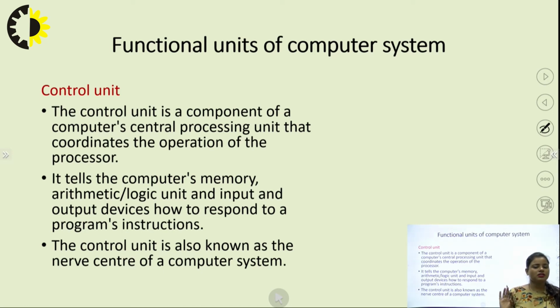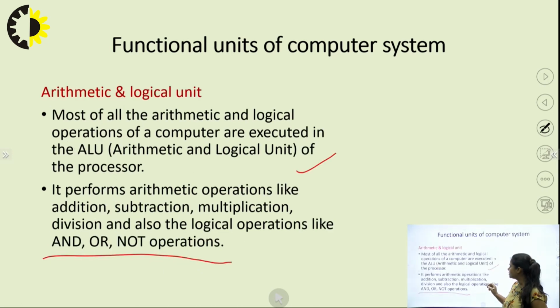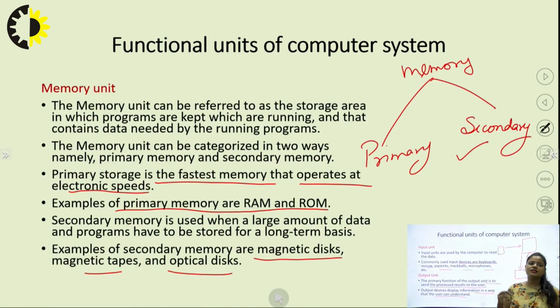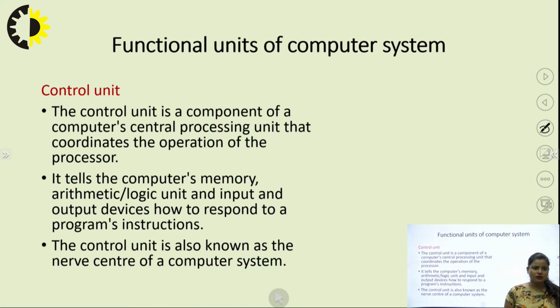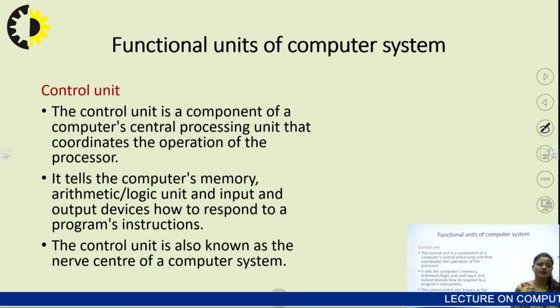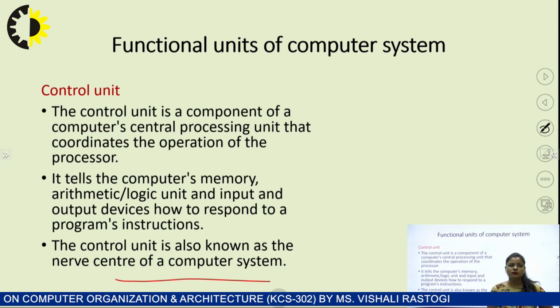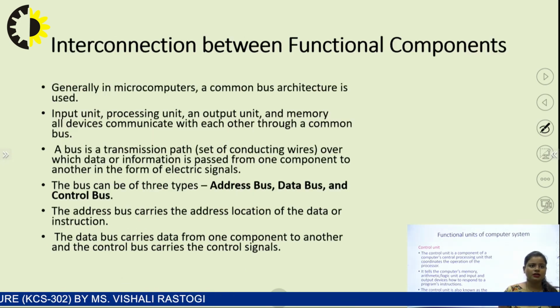Whenever any instruction comes to the control unit, it sends control signals to all other units. It also manages and coordinates between all the units. The control unit is also known as the nerve center of the computer system. Okay, so this is all about the control unit.